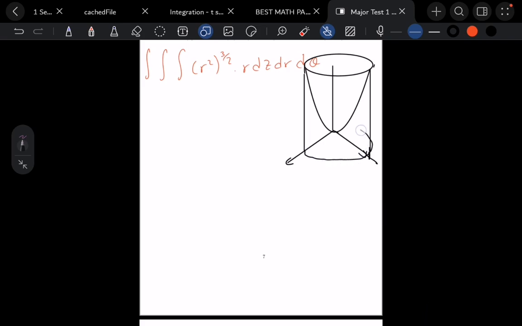A cylinder will do something like that. So we have a picture like that.